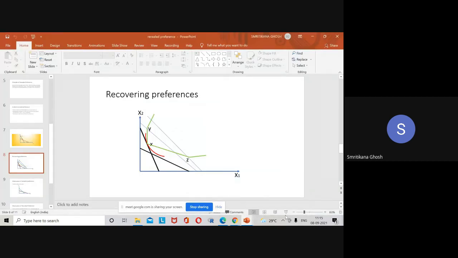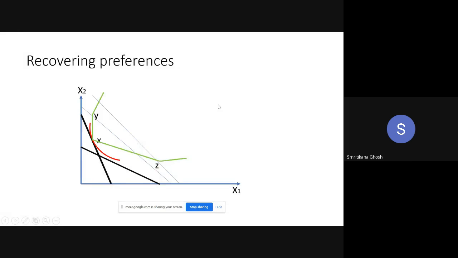So here we are going to find out the shape of the indifference curve of the consumer. Here we will try to draw the indifference curve of the consumer. So given this black budget line, we know that is the consumption combination of the consumer. Now what we are doing, we have just changed his budget line.